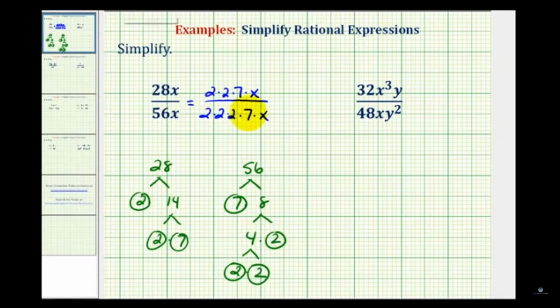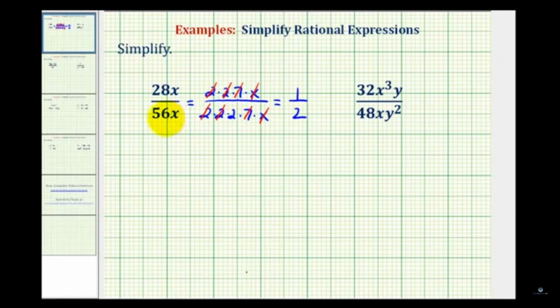And now in this form, we can easily identify all the common factors between the numerator and denominator. 2 over 2 simplifies to 1, 2 over 2 simplifies to 1, 7 over 7 simplifies to 1, as well as x over x. Remember, all of these that we crossed off simplified to 1, so this simplifies to a 1 in the numerator and a 2 in the denominator, or 1/2.